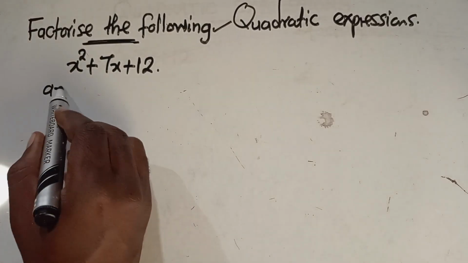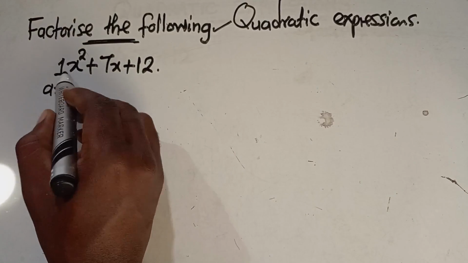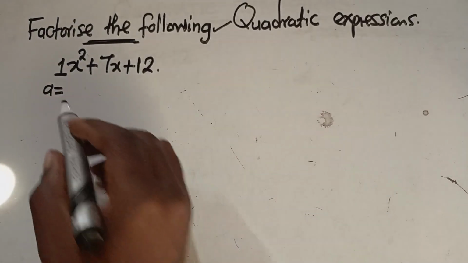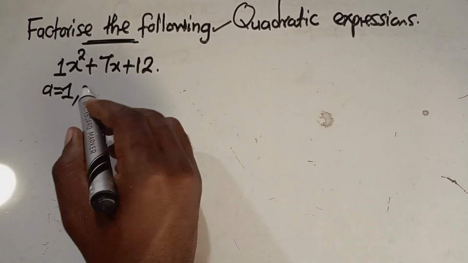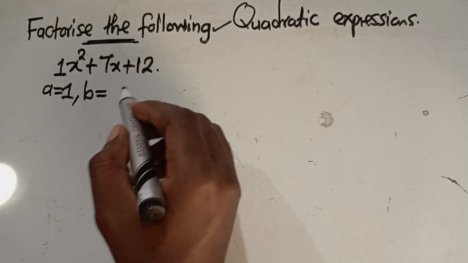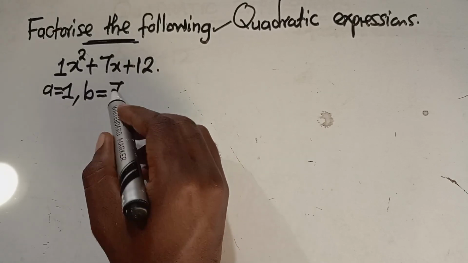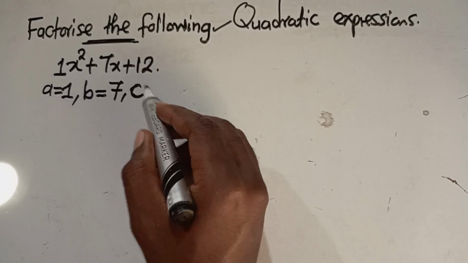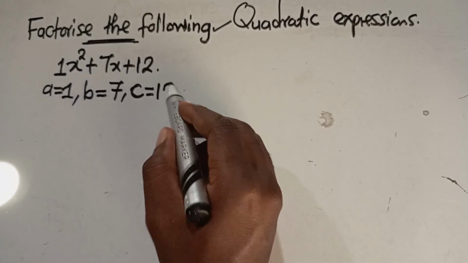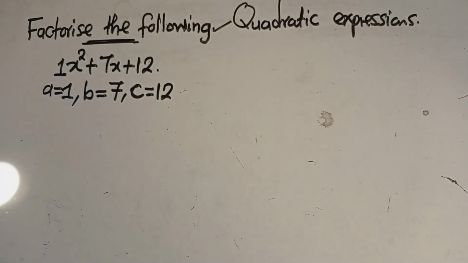You know that A is the coefficient of the term with x squared, that is 1. Our B, the number in the middle with just x, is 7. We've got a C, which is 12. C is a constant.